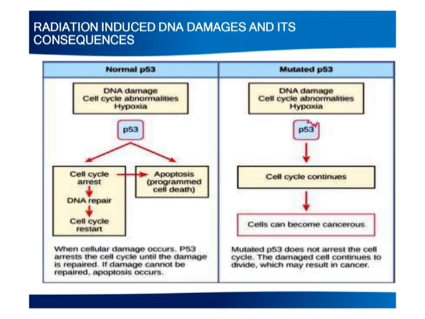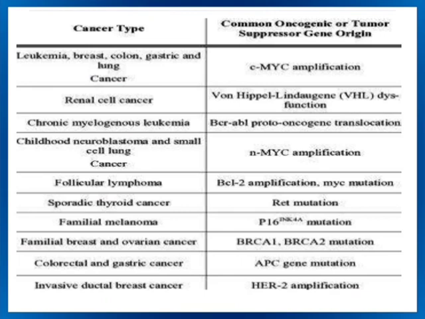So when cellular damage occurs, p53 arrests the cell cycle until the damage is repaired. If the damage cannot be repaired at all, apoptosis happens, so no problem happens in the future generation or in the same generation. But if a segment of DNA that contains the p53 gene gets damaged, then the mutated p53 gene becomes more harmful, because the DNA damage is not getting repaired, as the p53 gene which is likely to repair it has itself mutated.